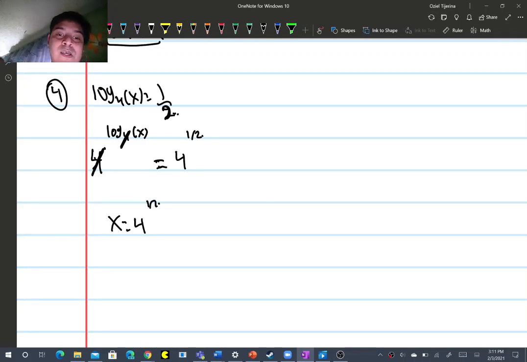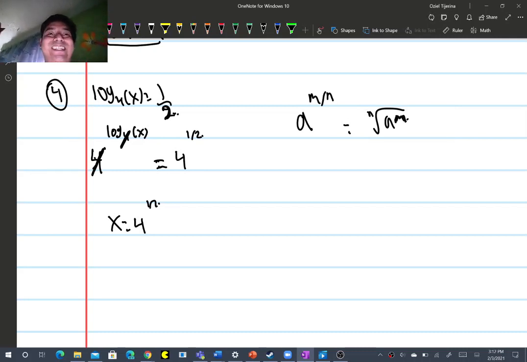Now remember what I said, that anytime we have a to the m over n, that's the nth root of a to the m. There's a whole reason why I went over that. Basically, anytime you have like 4 to the 1/3, you can say the cube root of 4 to the first power.